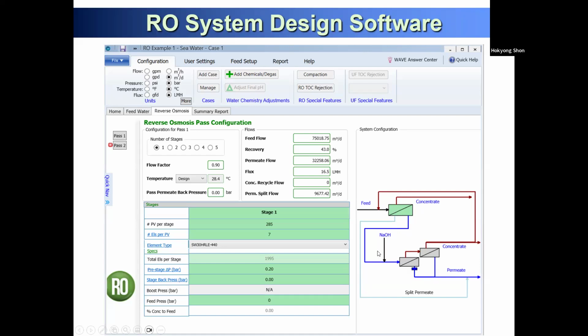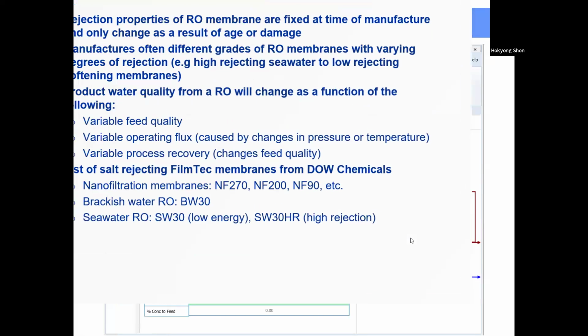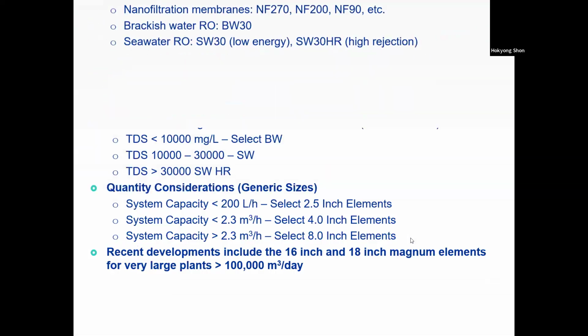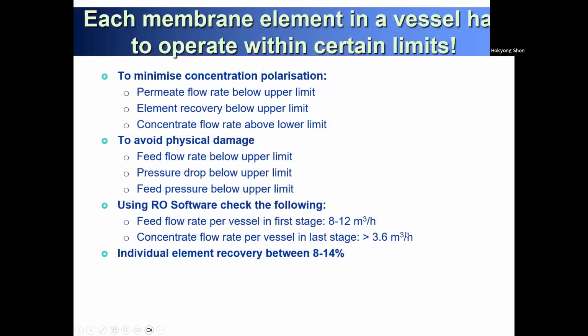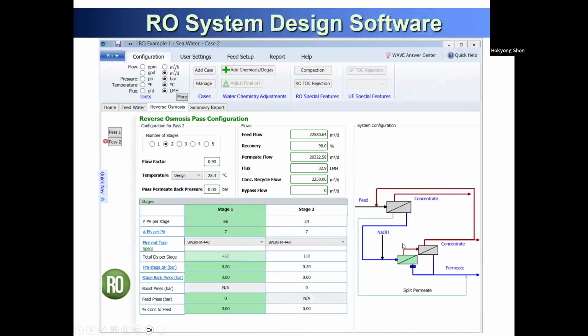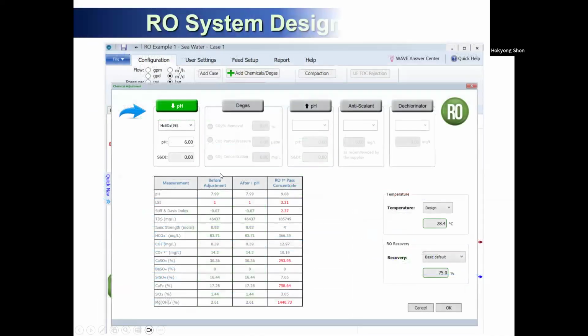You could incorporate some of the chemical inside. So after you design this one, you can select also some of the summary. So this is the information in a first stage, and then pH can be also incorporated with the different chemical.